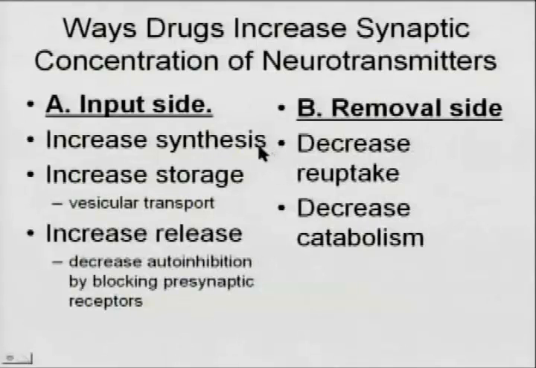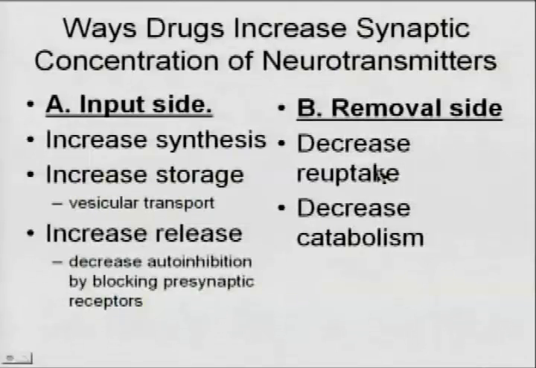So then, remember from the synapse too, it can diffuse away, but you've got the removal side: decrease reuptake. If you block the reuptake, like we just talked about with the noradrenaline transport molecule, or the SSRIs, selective serotonin reuptake inhibitors, for serotonin. Many of the newer antidepressants target just the SERT, the serotonin reuptake transport protein. So you decrease reuptake, you stay in the synapse longer.